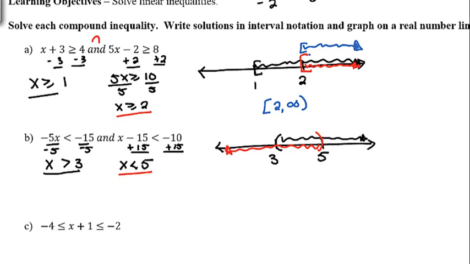This was an "and" symbol again, so this has to be true and this has to be true in order for it to be a part of the solution. So we need the intersection, so that's the overlap of our shading. And I'll shade in the overlap with blue. So the overlap was everything between 3 and 5. And we have round brackets on both the 3 and the 5, and that's because there's no equal sign in the inequalities.